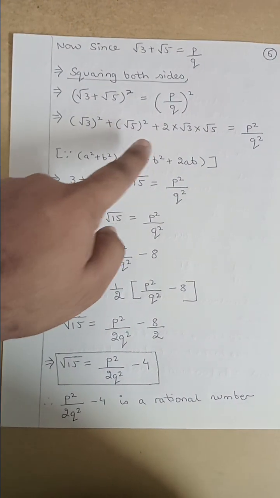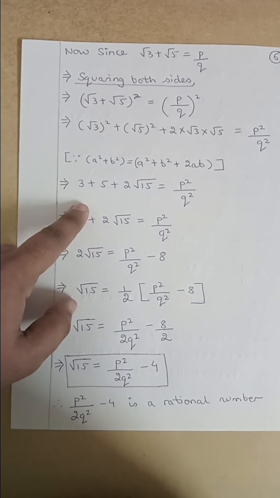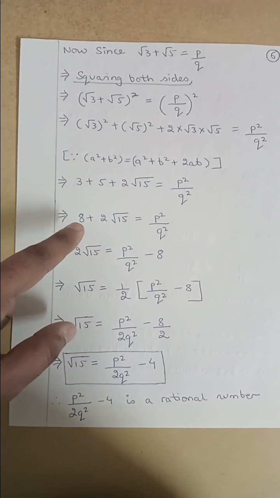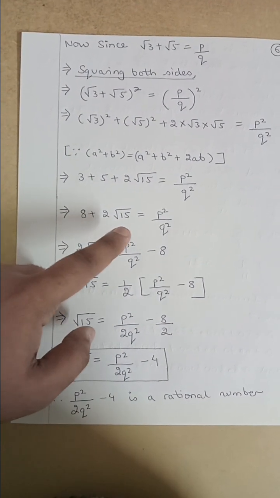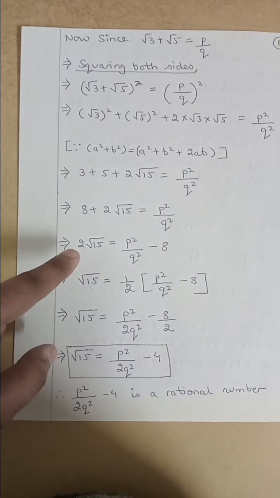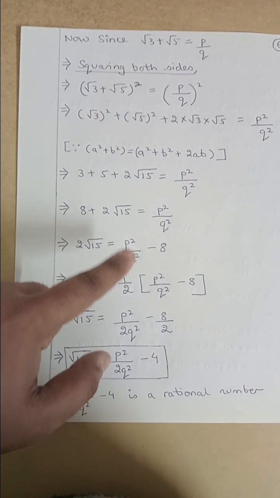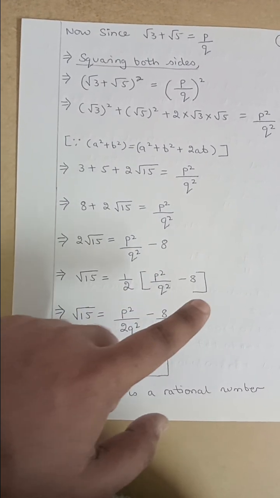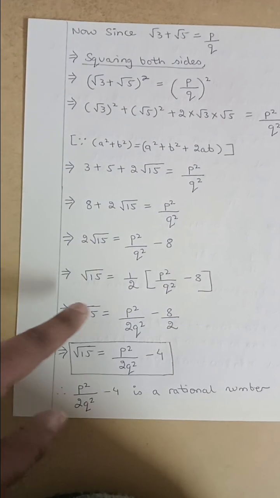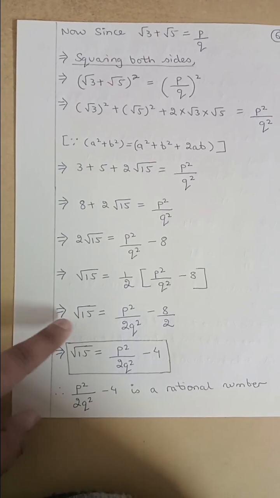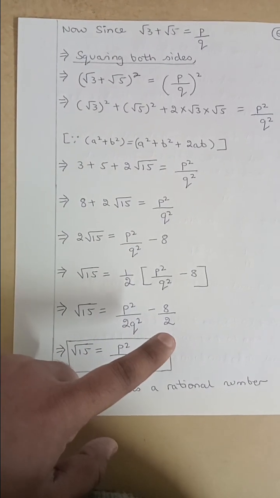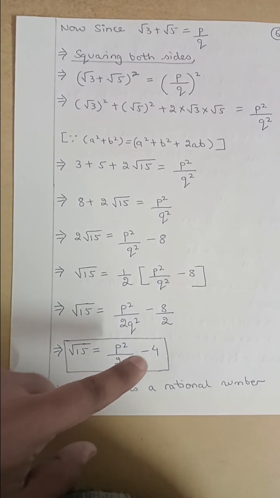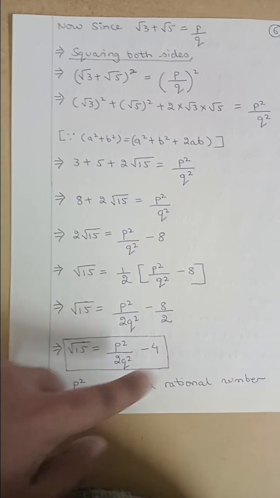So this entire becomes 3 plus 5 plus 2 root 15 is equal to p square by q square. This implies 8 plus 2 root 15 is equal to p square by q square, which becomes 2 root 15 is equal to p square by q square minus 8. So root 15 is equal to p square by 2q square minus 8 by 2, which comes out to be 4.